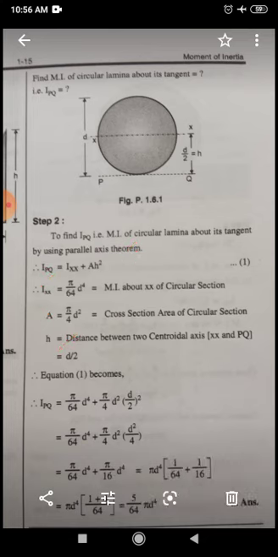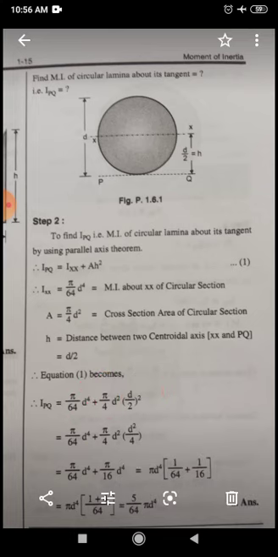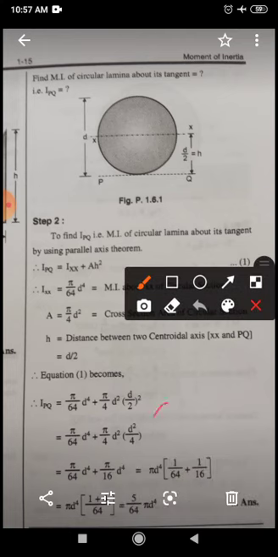This is the moment of inertia about the x-axis, this is the area, and this one is the distance. After putting in all these values we get the moment of inertia about PQ, which is 5 by 64 into pi d raised to 4. This is the moment of inertia of this circular shape about the tangent.